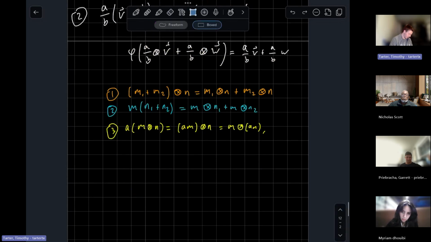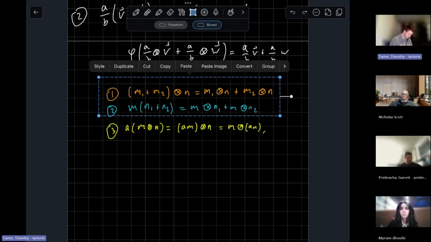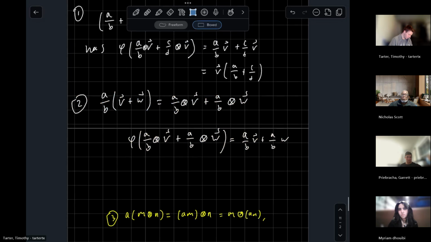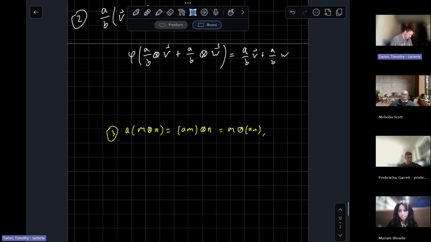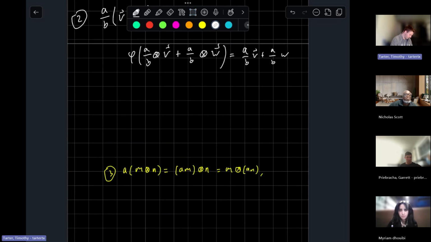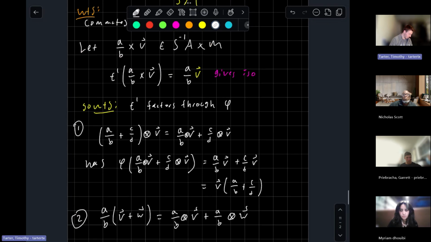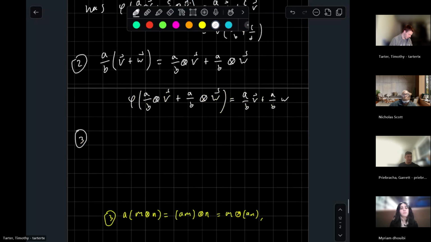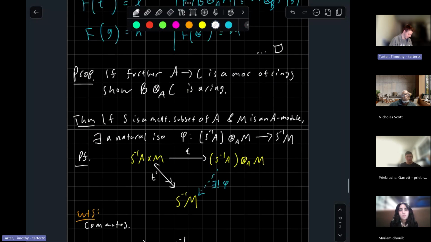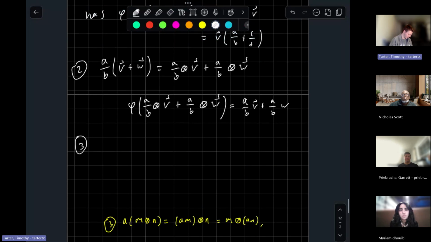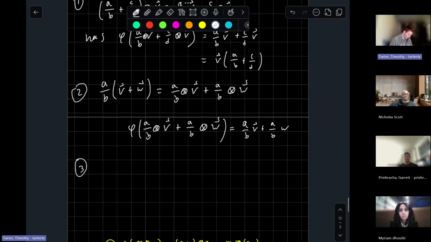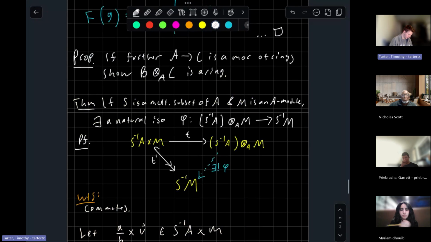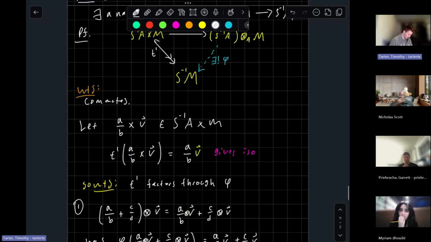And so then the third thing that we want is to show this. And so then taking something in the A module, oh, that's where this gets tricky. So it's just A M N, and this is an A tensor product.